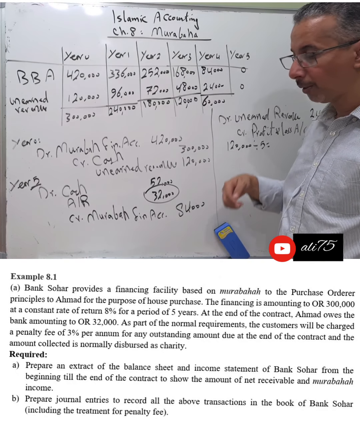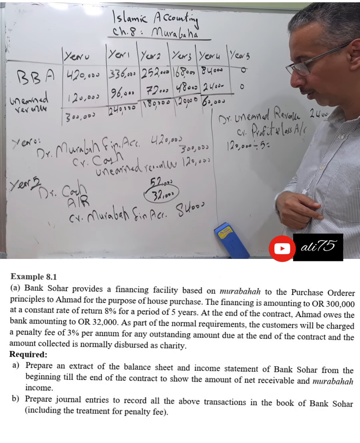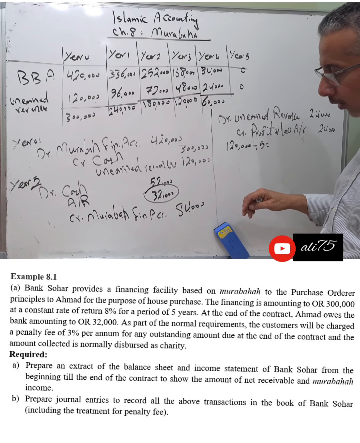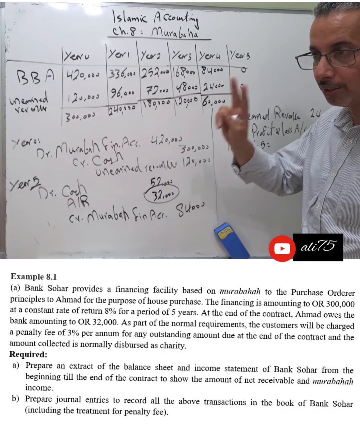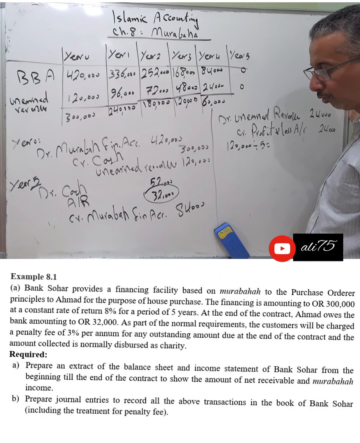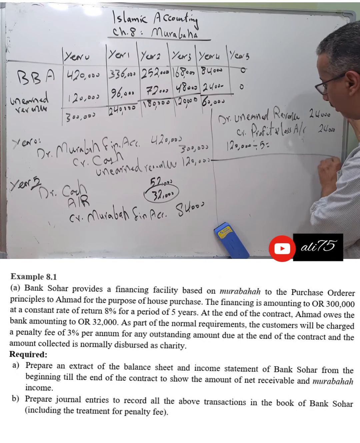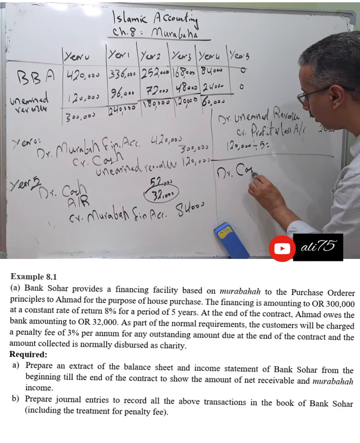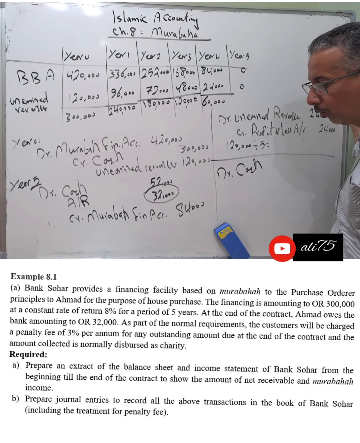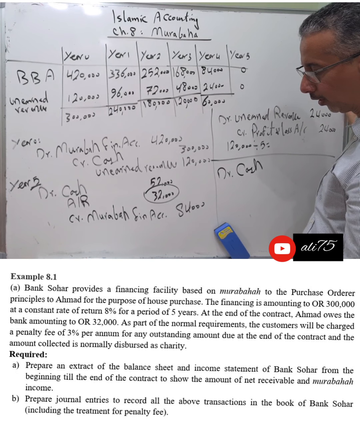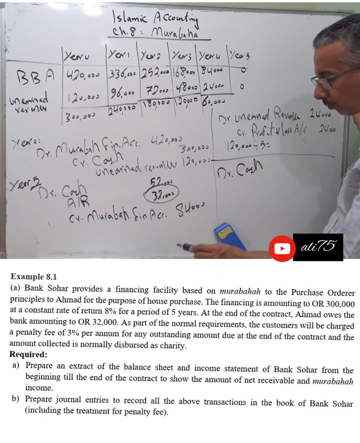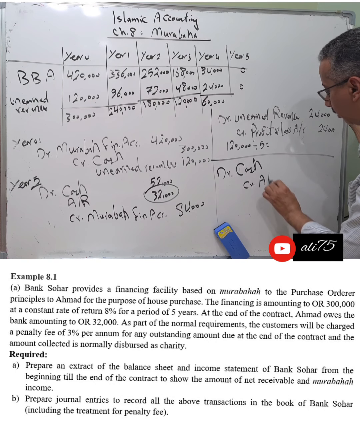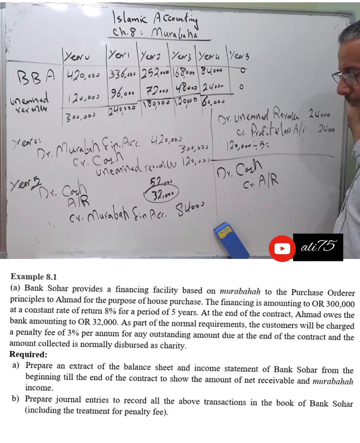But when the customer comes to pay that amount, when the customer comes to return the 32, we will collect it, but we will add a penalty. As mentioned, there is a 3% penalty that should be paid because he delayed the payment. So we will receive it in cash, and we have to close the account receivable: cash and credit account receivable.